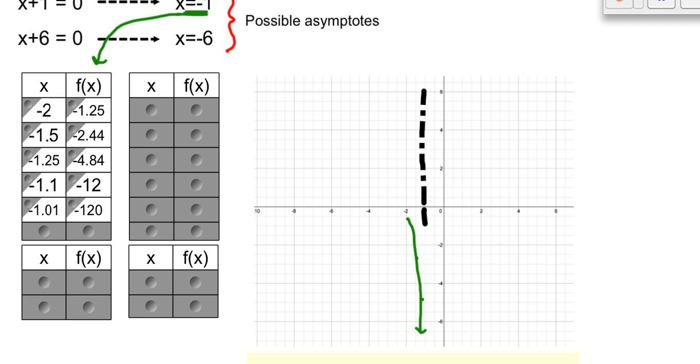So we need to figure out what's happening close to that asymptote. We already figured out what's happening to the left. What's happening to the right? We can look over here, find points 0, 1.17. So that's right around here. And let's see if it starts heading up or down. As we get closer to that negative 1, so negative 0.5, we get up at 2.36, which is somewhere around here.